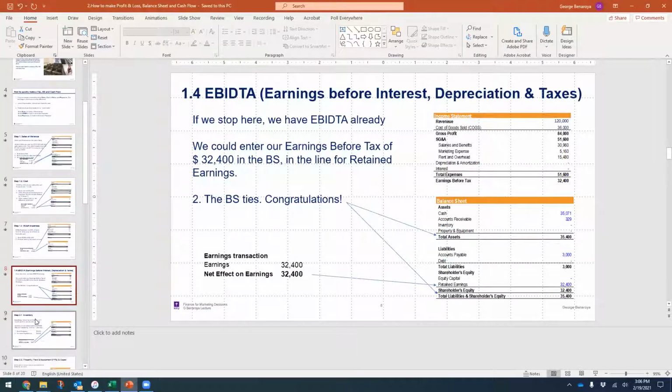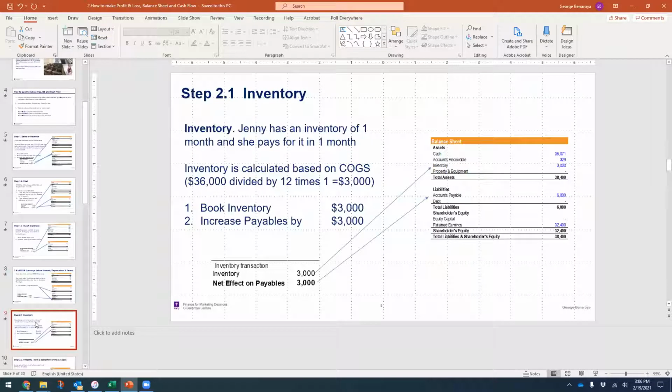The second step is about balance sheet items, which are a bit more complicated. So one thing that we want to do now is to adjust for inventory or book the inventory. And let's assume that she has 1 month of inventory. So first we need to calculate how much that is.